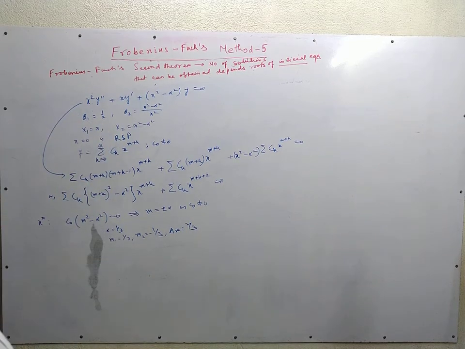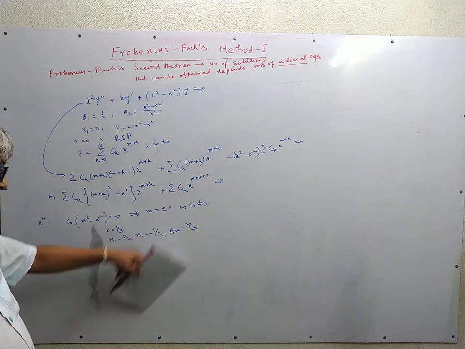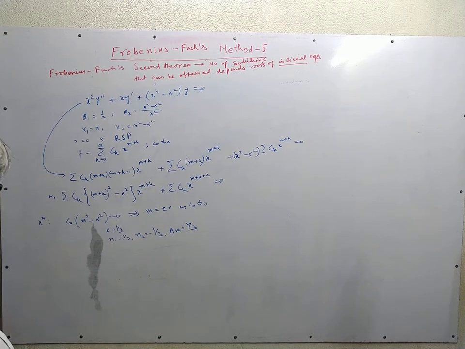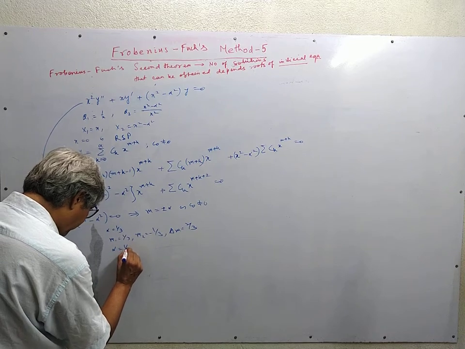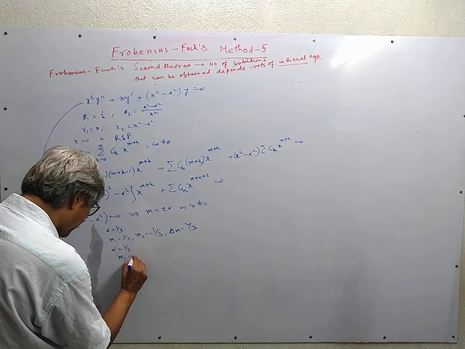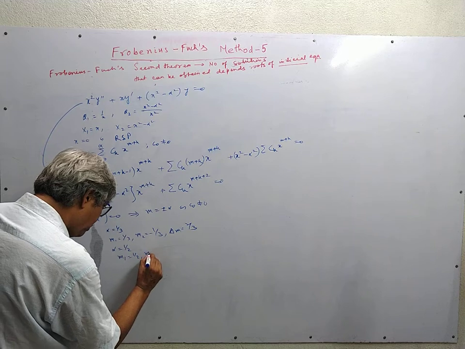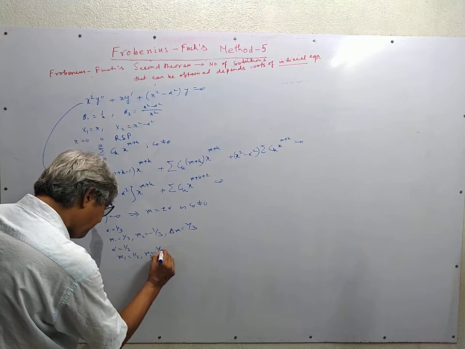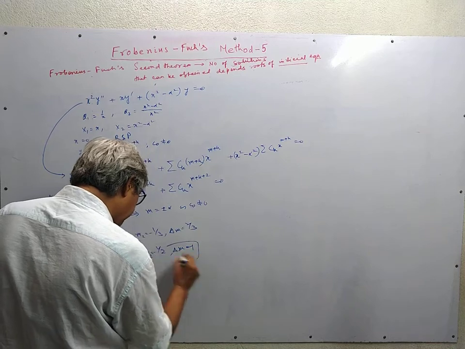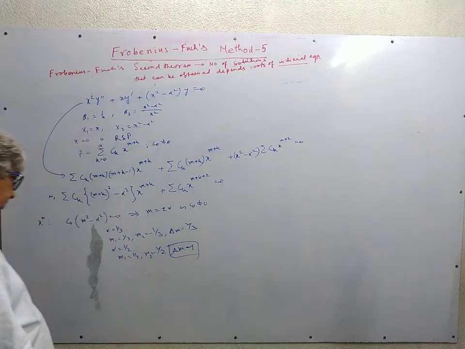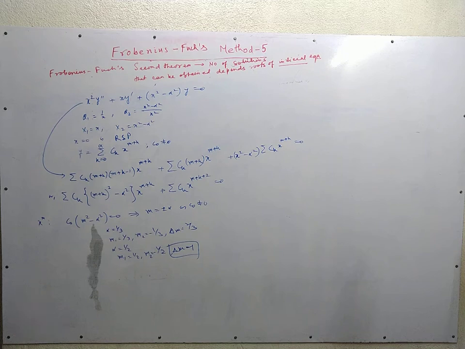And when these roots differ by an integer, say alpha is equal to half, then m1 is equal to half, m2 is equal to minus half, and delta m is equal to 1, we will get one solution. We shall see all these things in connection with Bessel function.